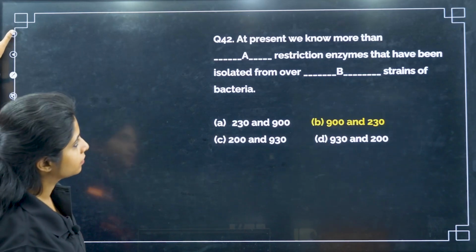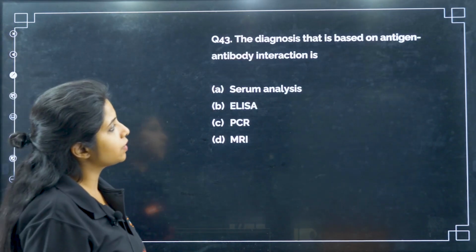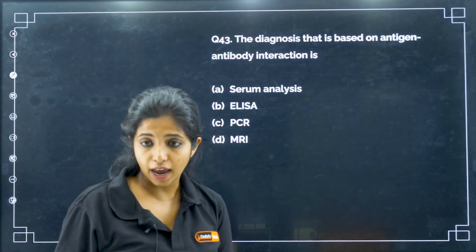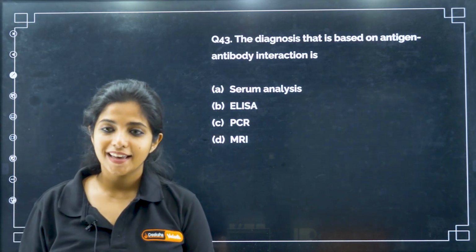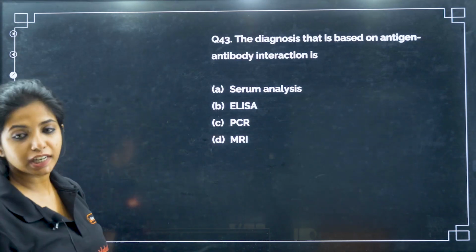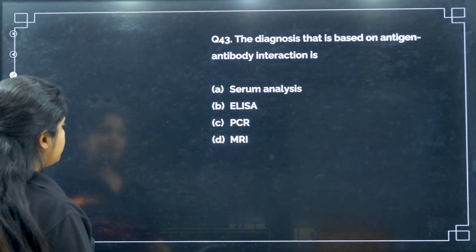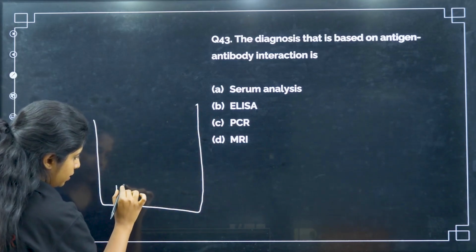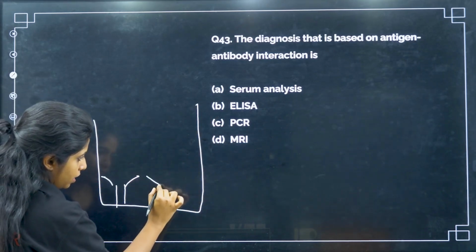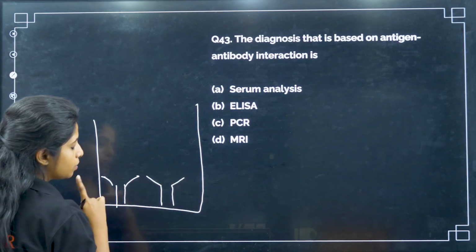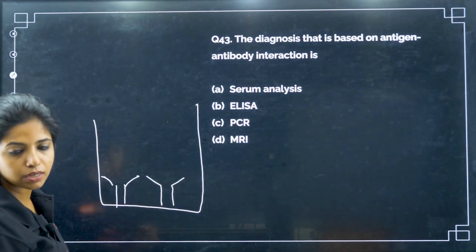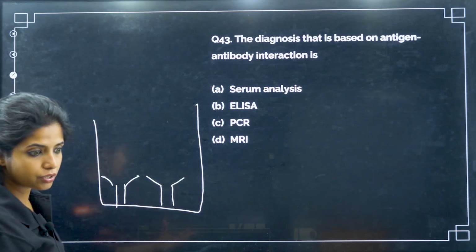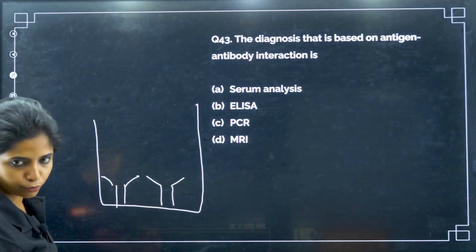Next, the diagnosis that is based on antigen-antibody interaction is called as, what do you call this? My dear children, always remember, you have antibodies already present over here. We know that these antibodies are specifically made against antigens for HIV, suppose.